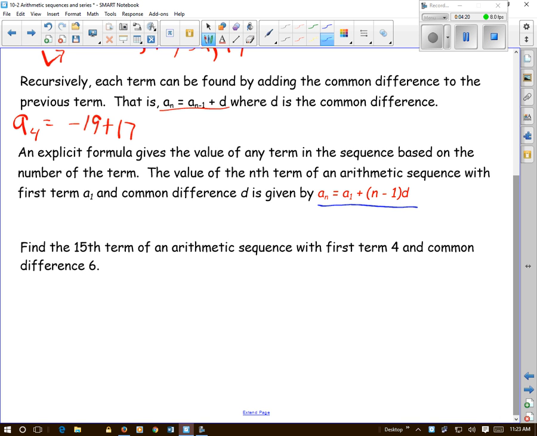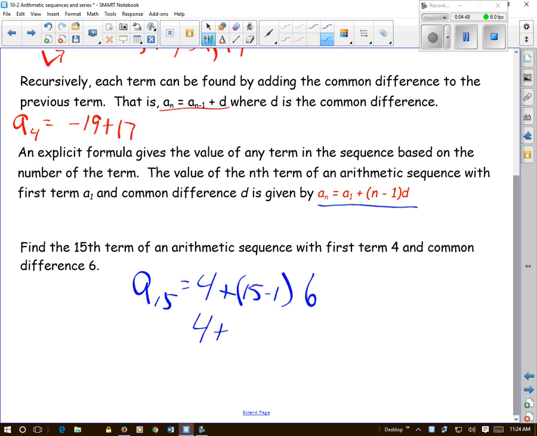So we can find, as in this example, the 15th term of an arithmetic sequence with the first term 4 and common difference 6. So we want a sub 15. That's a1, which is 4, plus n minus 1, so 15 minus 1, times d, which is 6.